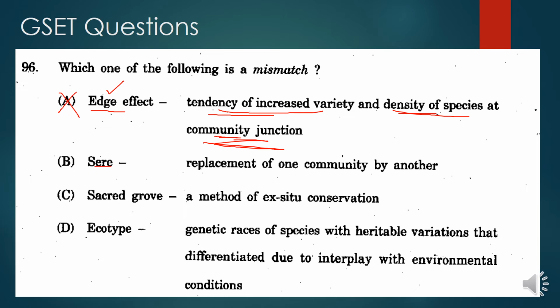Second is the sere. Sere is actually in ecological succession. It begins with a pioneer species that is very much simplified in form, and it has adaptation for living in very low humidity and low nutrient.